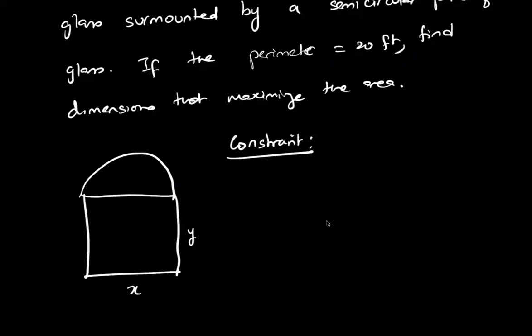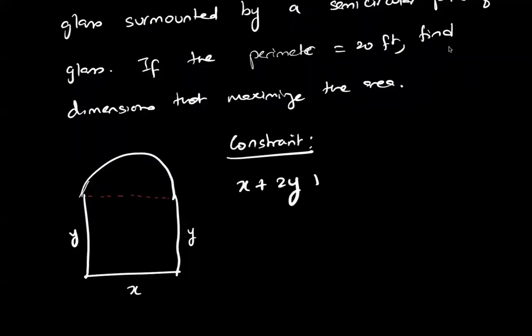So that means the rectangle perimeter is x plus 2y, because this is also y. So the perimeter is going to be x plus 2y for the rectangular portion. And then here for the semicircle, the circumference is 2 pi r. And in this case, r will be x over 2, correct?